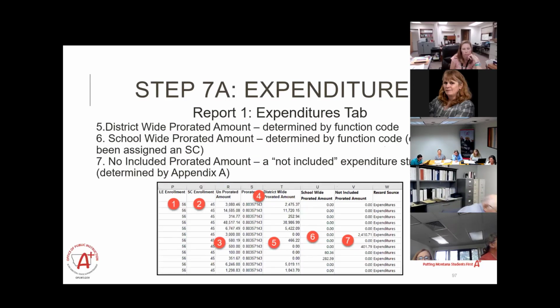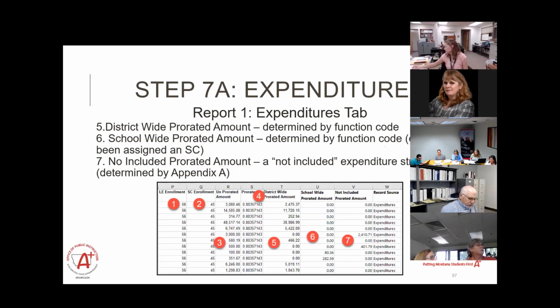Then we have a district-wide and a school-wide prorated amount. So if you have an expenditure string that is included in the ESSA per pupil reporting, it's going to go into either the district-wide or the school-wide column based on that function code. So remember, look at that Appendix B from that ESSA per pupil guide.